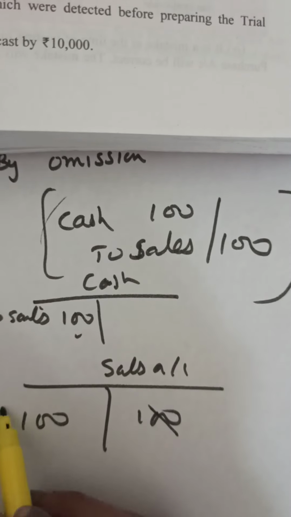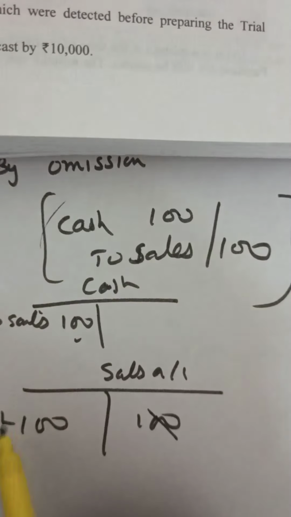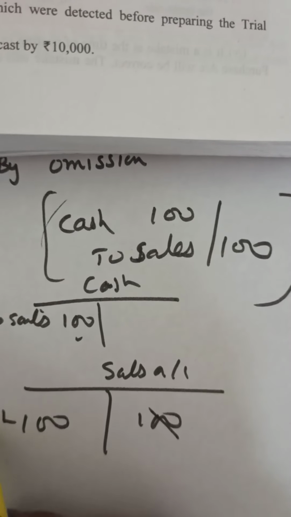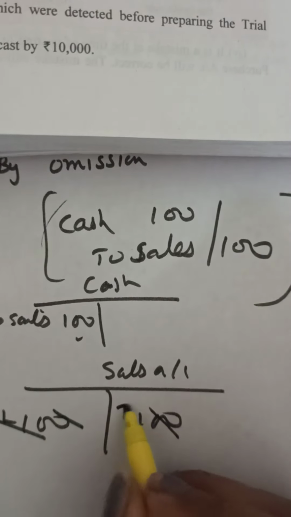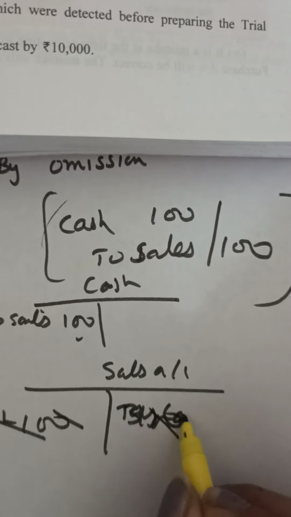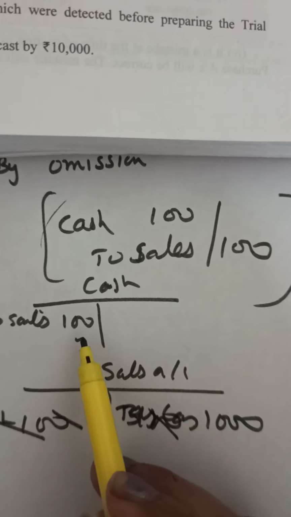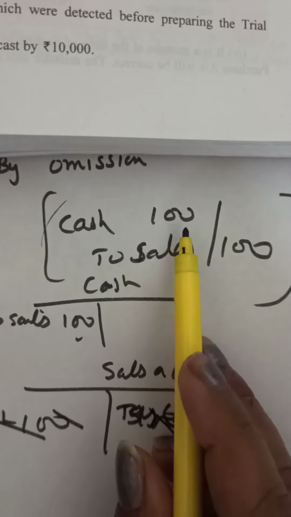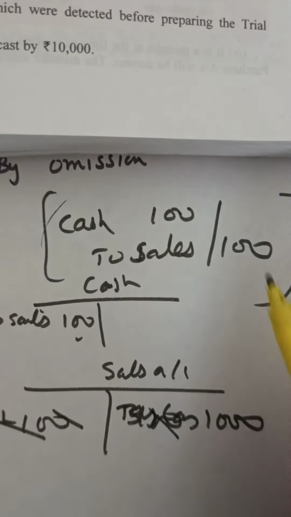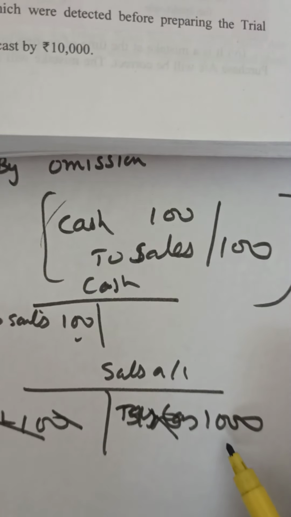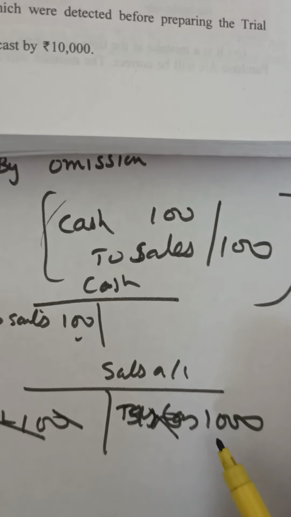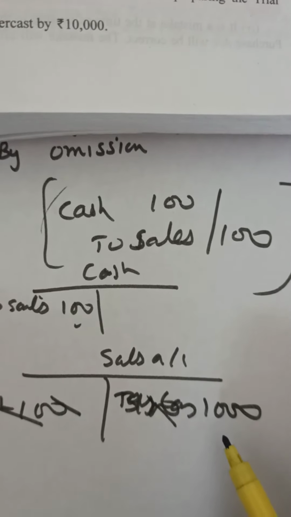I write "to cash" instead of "by cash", with rupees 1000. In one account, the amount has been entered with rupees 100. In the other account, the amount of the same transaction has been entered with rupees 1000. That means an error has happened.